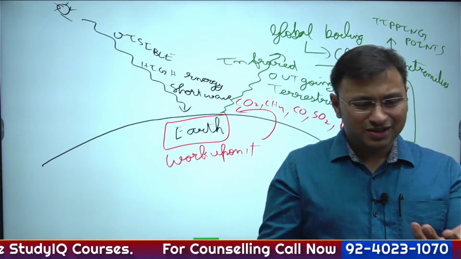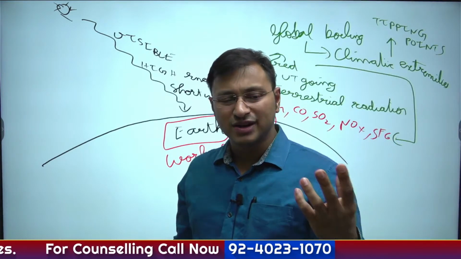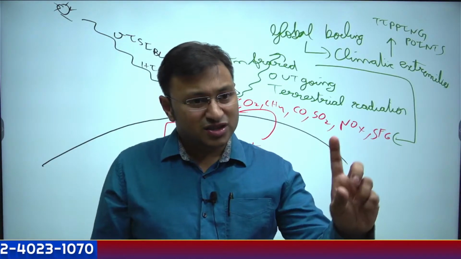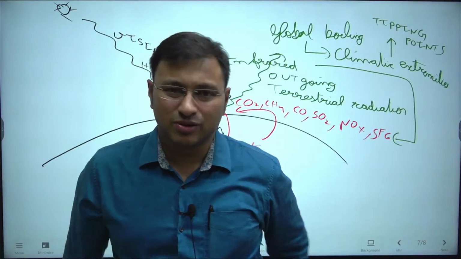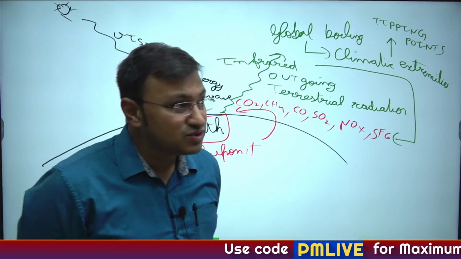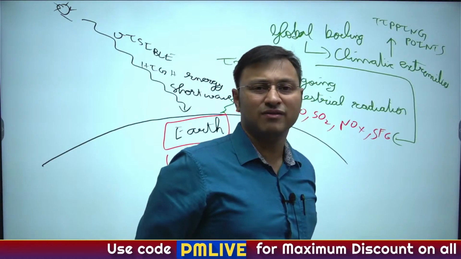So see, in just one point, I have elaborated 5 different dimensions to each and every one of you. So this is what success in prelims is about, guys. If you really want to score well in prelims, you need to understand this point very, very carefully.